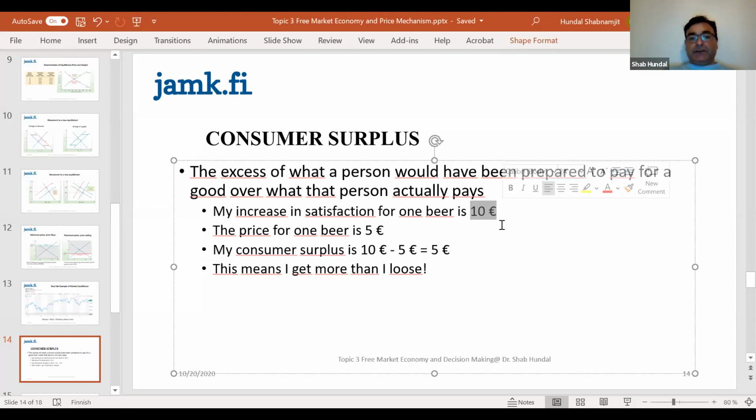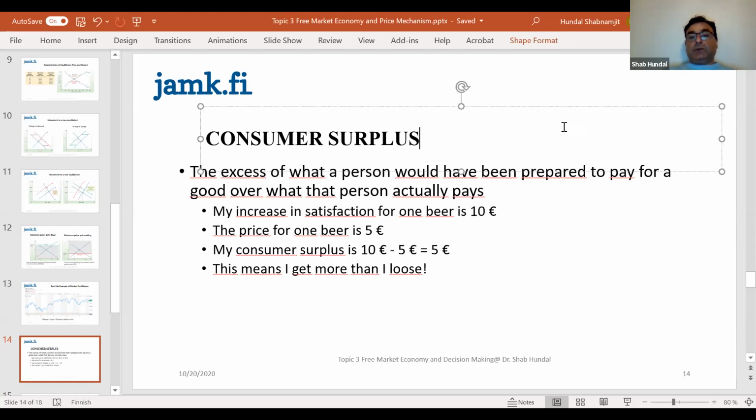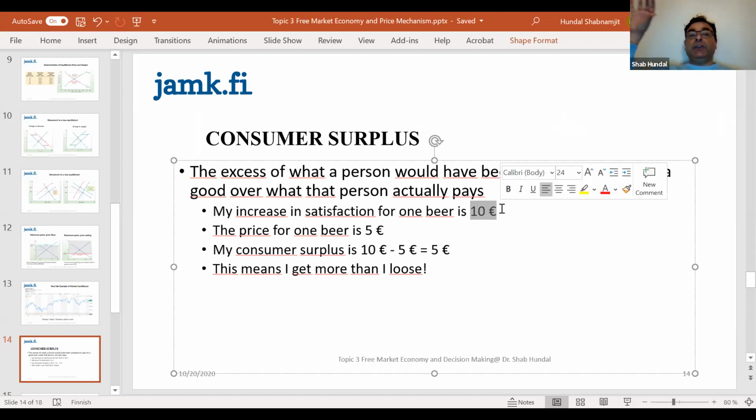So it must be a very expensive country. So 10 euros. But when the price the person sees is 5 euros. So the person who is really willing to buy a pint of beer was prepared to pay 10 euros because that was the value he or she attached. That I'm so keen to drink a pint of beer that I can attach a value equal to 10 euros.